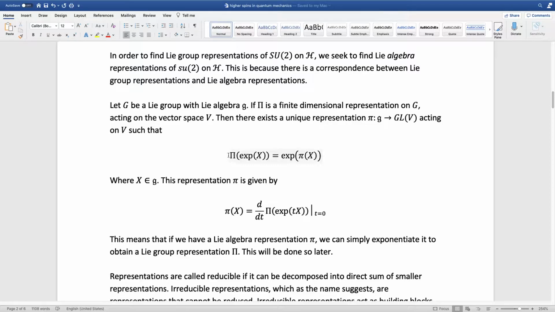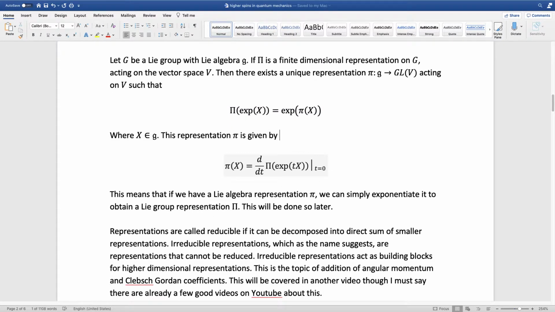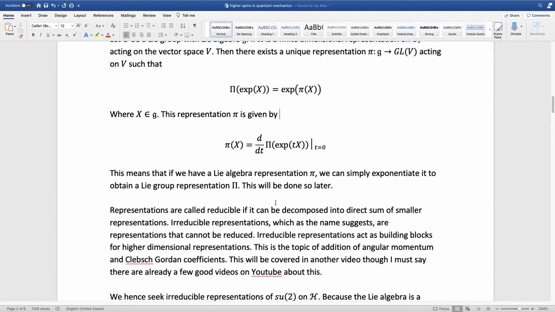Namely, the Lie group representation big Pi acting on this element of the Lie group, which is the exponential of a Lie algebra element, is equal to the exponential of the Lie algebra representation. This representation is given by this formula. So we see that once we have a Lie algebra representation, small pi, we can simply exponentiate it to obtain the Lie group representation, big Pi. This will be done later.